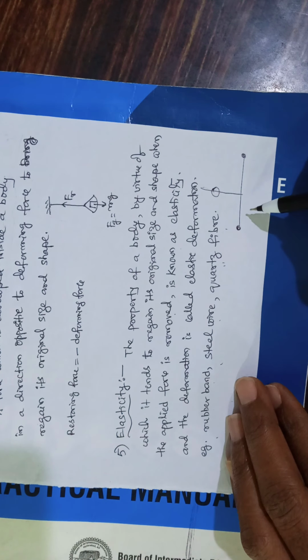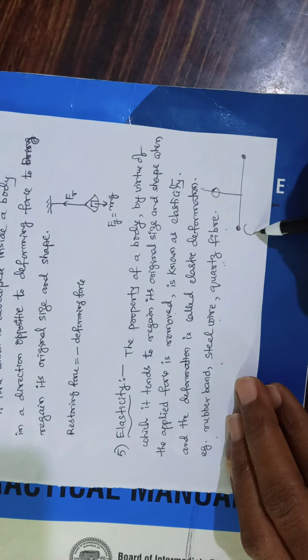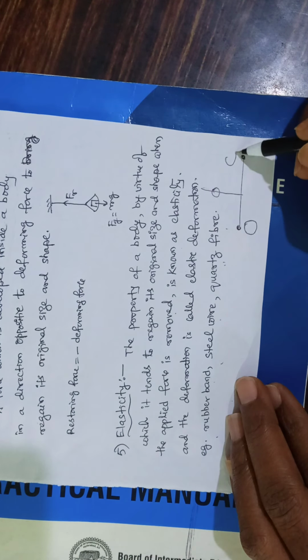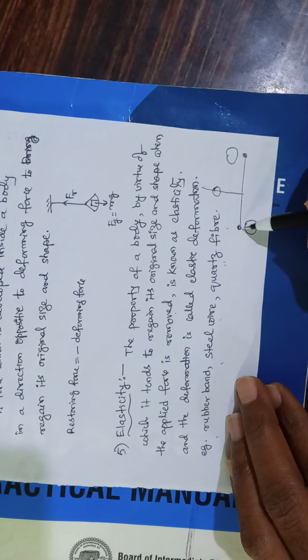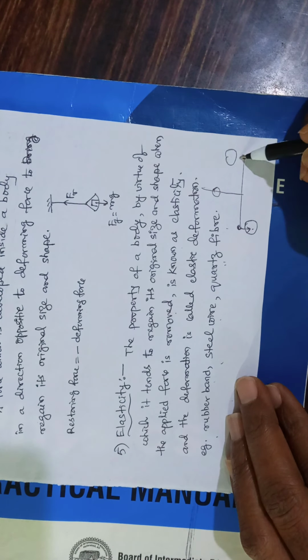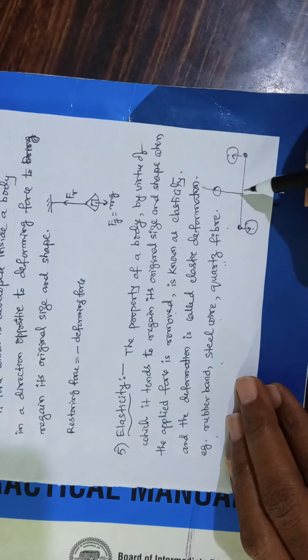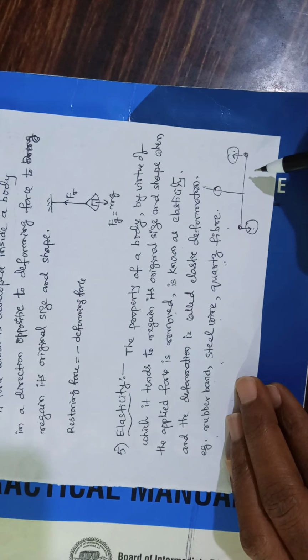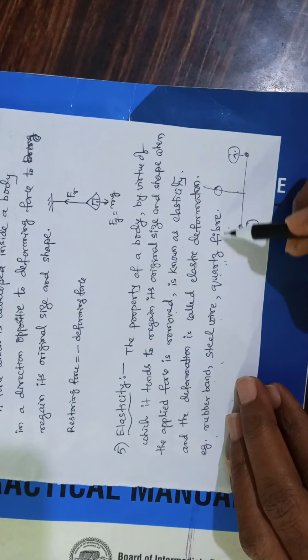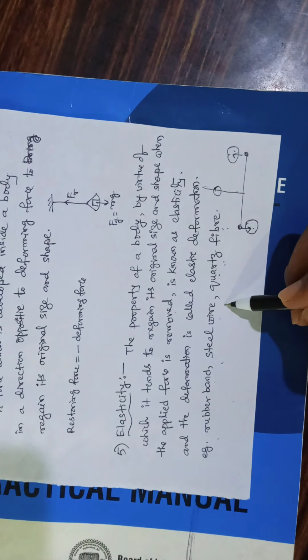When you kept a large lead sphere, the large lead sphere attracted the small one. So the quartz fiber has undergone a deflection. When you remove the large spheres, again it comes back. In this way the quartz fiber is elastic.